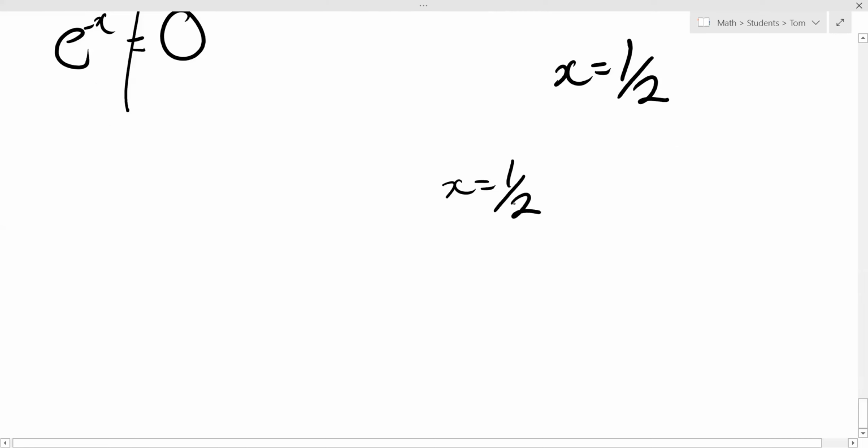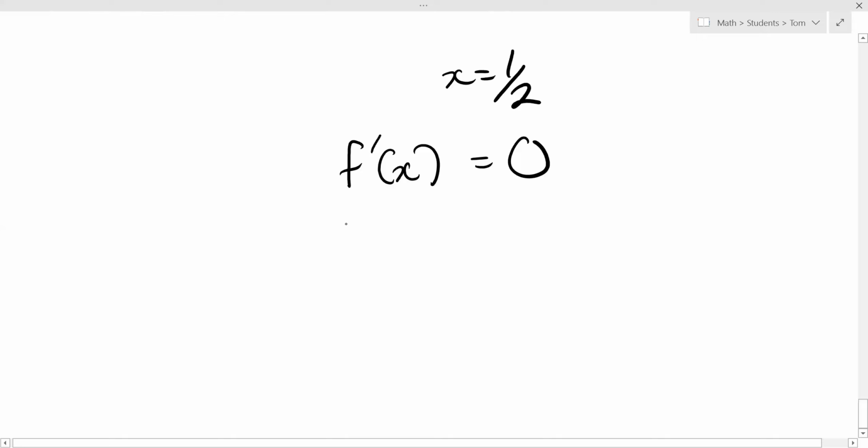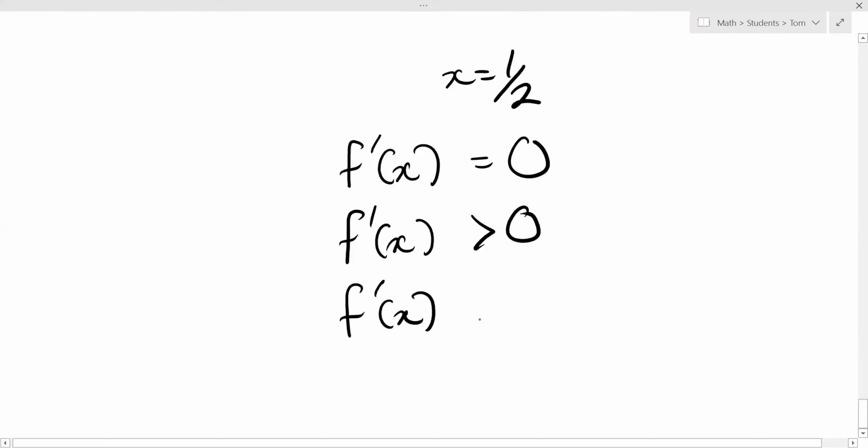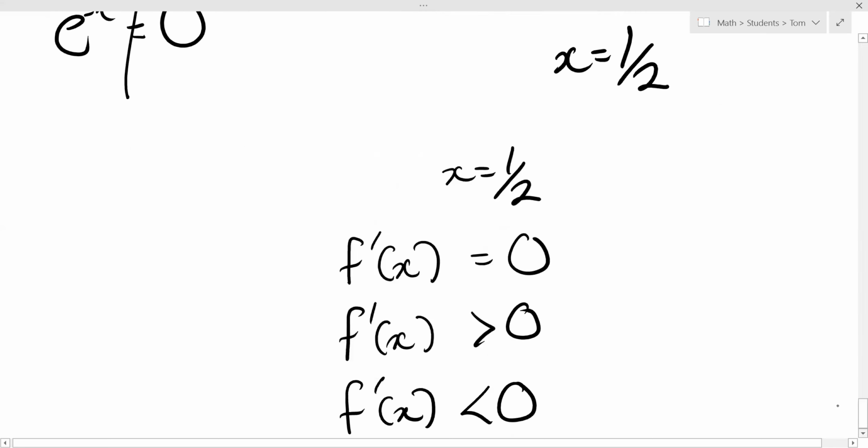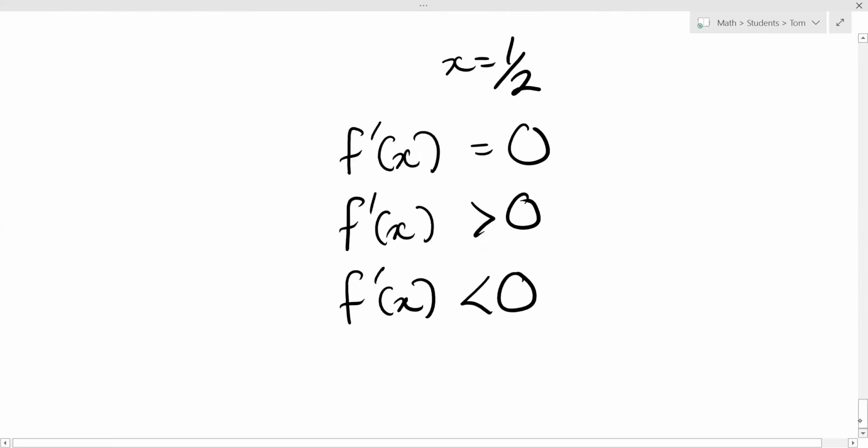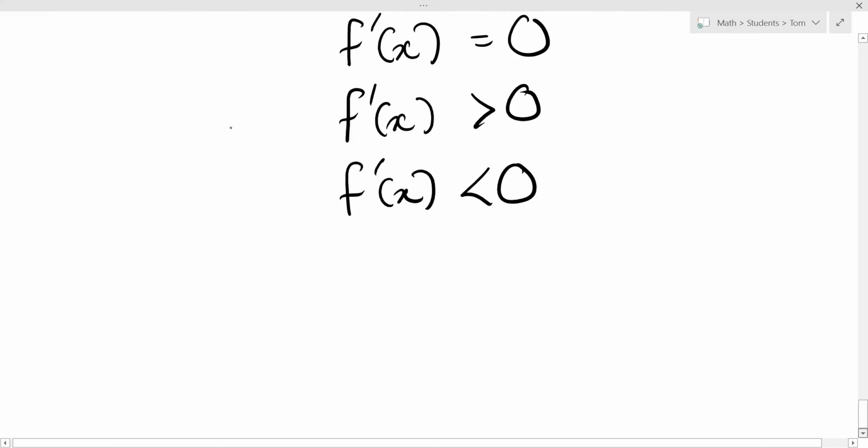So what we're going to do now is check when x, okay, we know that at this one, f prime of x is equal to 0. We also want to know where f prime of x will be greater than 0 and where f prime of x will be less than 0.